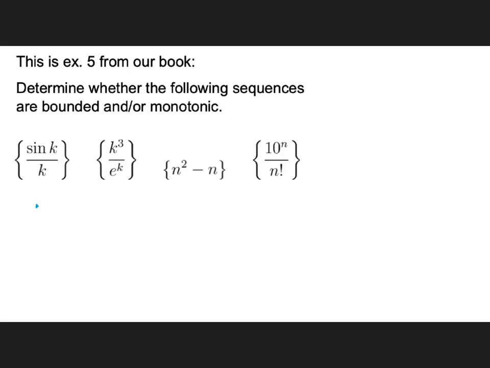You're going to have numbers, and they're going to do this sort of thing. So that's not monotonic, but we are bounded, because we're stuck between values, but we're not always increasing or always decreasing.